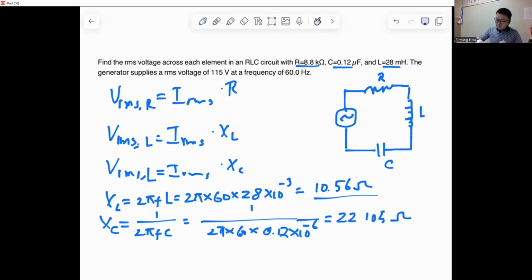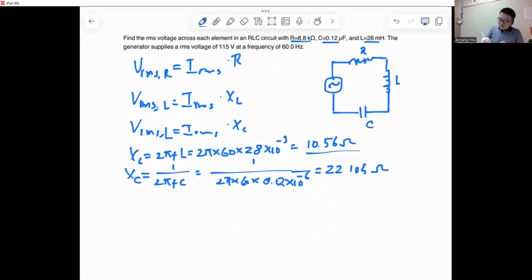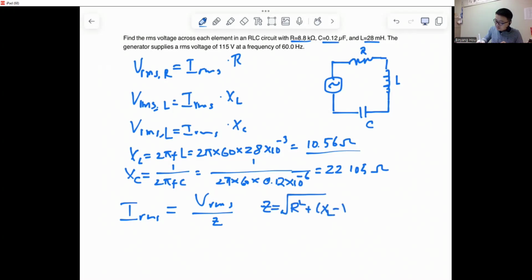So we need to look for IRMS. IRMS is the total current, which is equal to the VRMS, which we are given, divided by Z. For an RLC circuit, we need to find Z. Z is equal to the square root of R squared plus (XL minus XC) squared.